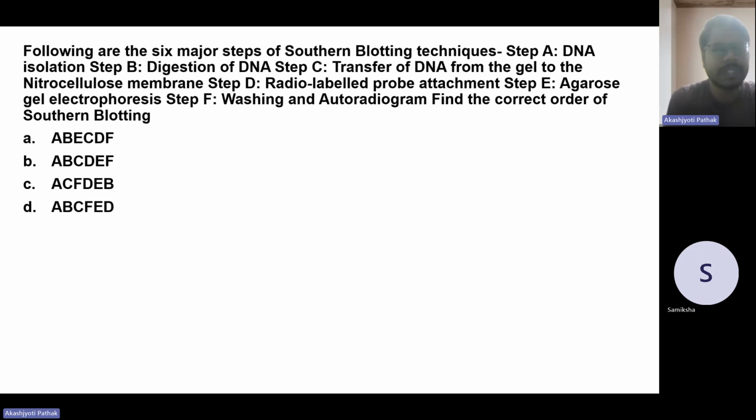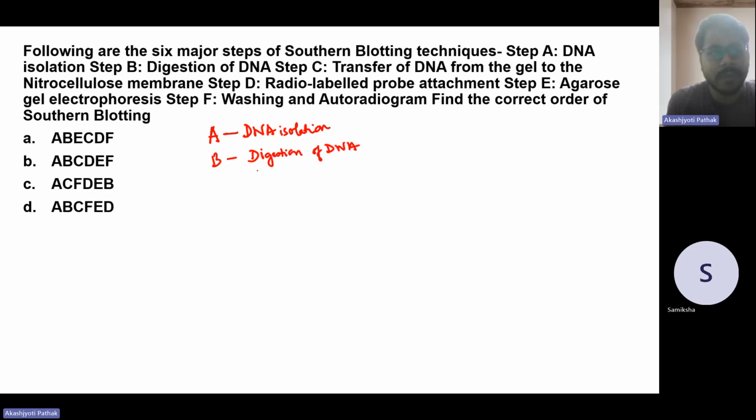Now answer this question. There are six major steps of Southern blotting technique, as I discussed. Here they have been labeled as A, B, C, D, E, and F. A is DNA isolation. B is digestion of DNA.